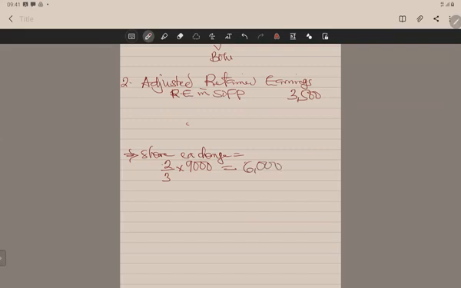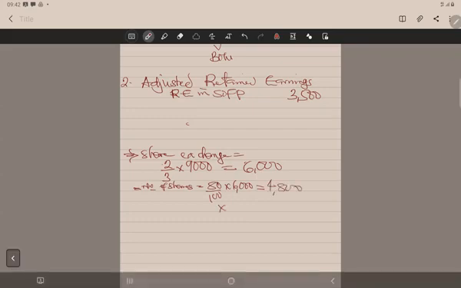So this 6,000 shares, to now get the number of shares acquired, will be 80% of this 6,000. That's 4,800.